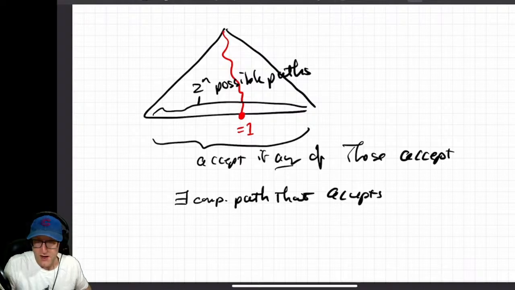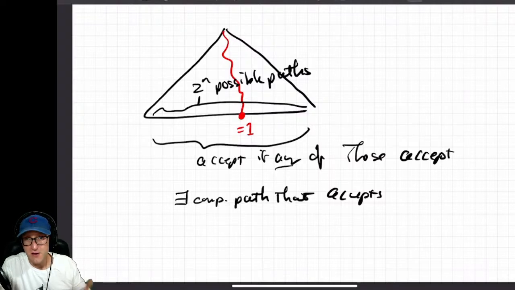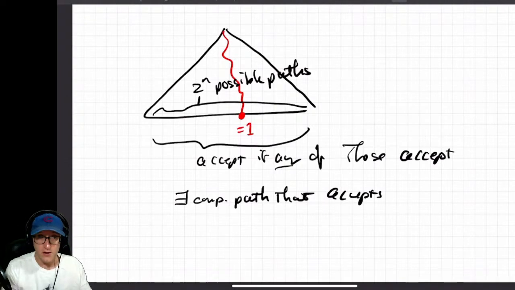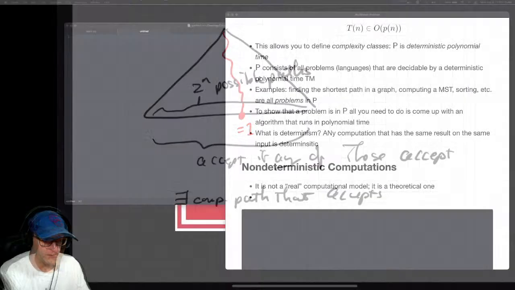So we're kind of cheating here and hiding the exponential time that it would take to do this deterministically in the existential quantifier here. How powerful is that existential quantifier in logic? It turns out to be pretty powerful, right? We don't know how to simulate that without blowing it up and having an exponential algorithm in our deterministic model.